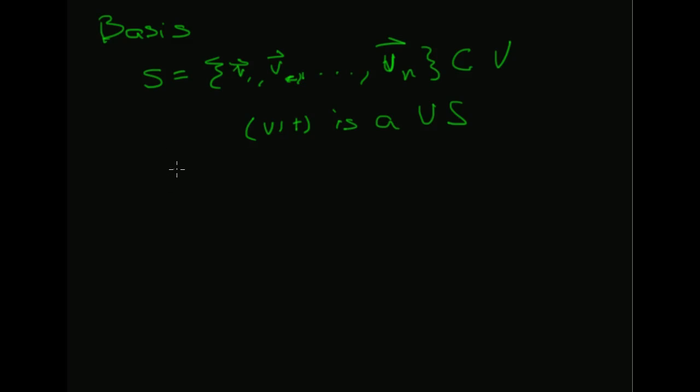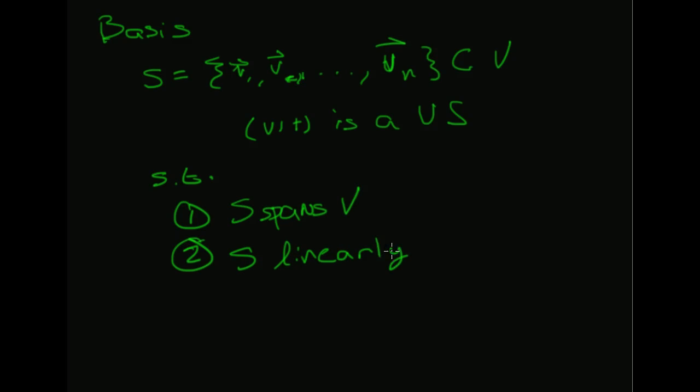Okay, so it has to meet two criteria. So this is such that one, S spans V. That means that everything in V can be written as a linear combination of the vectors in S. And two, S is linearly independent. By definition, this means that if I make a linear combination of the vectors in S and get the zero vector, then the coefficients of the linear combination all must be zero.